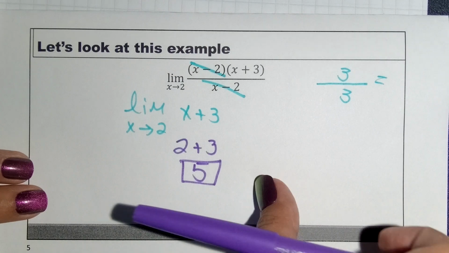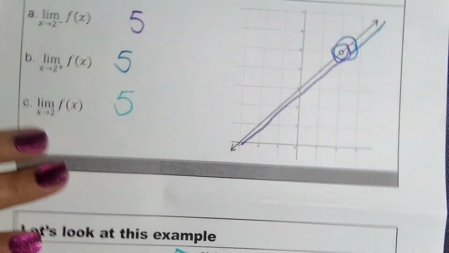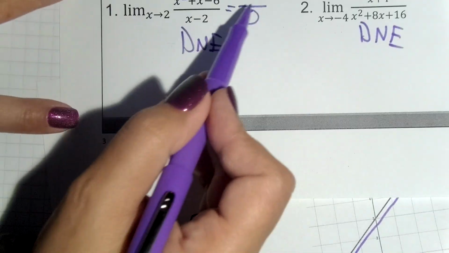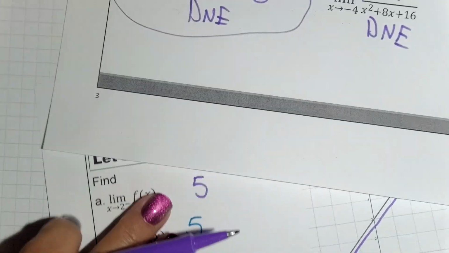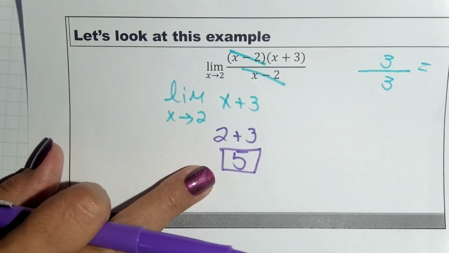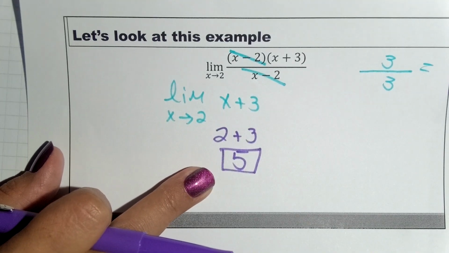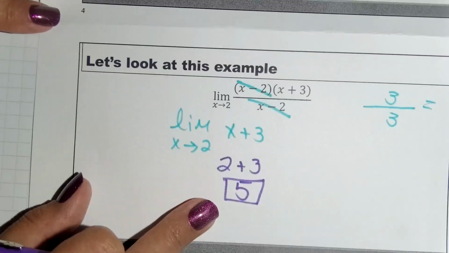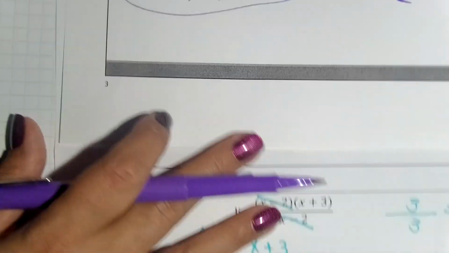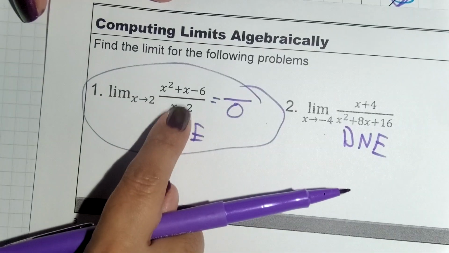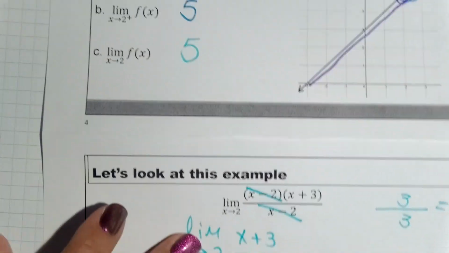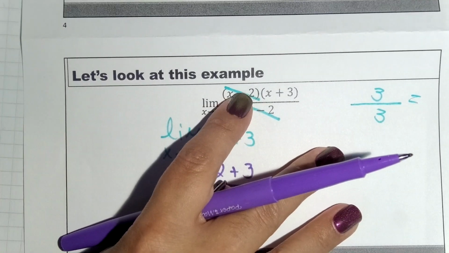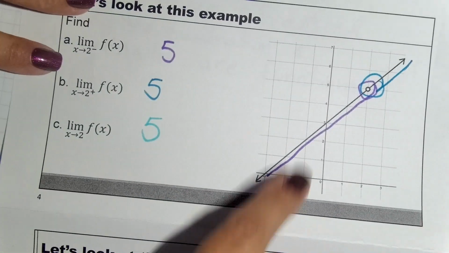What if I told you that all 3 of these problems, this one right here, this one right here, and this one right here, were the same function? You're like, nuh-uh, Miss Santana. Yeah, they're all the same function. This one right here is the expanded version, meaning I multiply it out, of this one, which is the graph of this one.